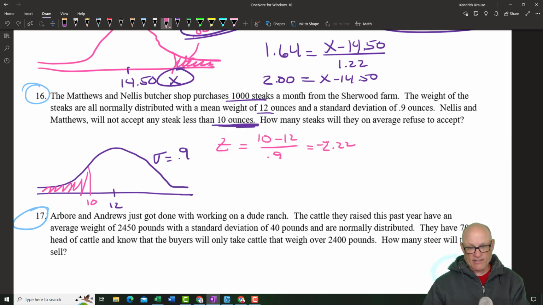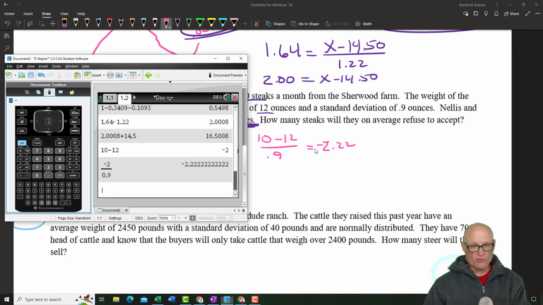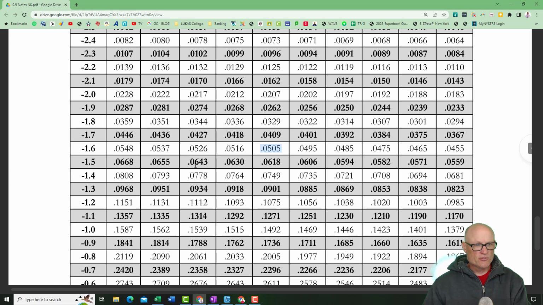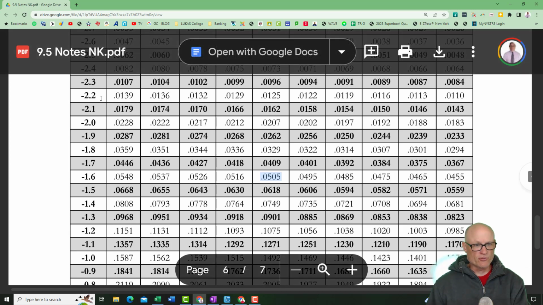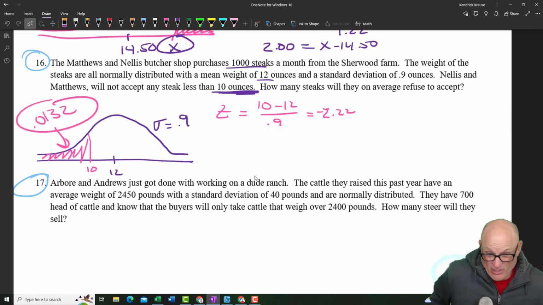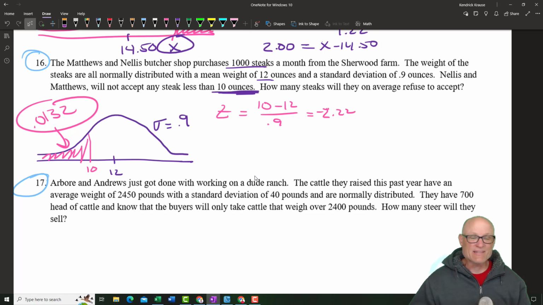So anything that's down here in the bottom, negative 2.22 standard deviations. I'm going to go look up 2.22. 2.2, 0.02. So it looks like 0.0132. So I come back here, I point the tail, 0.0132.